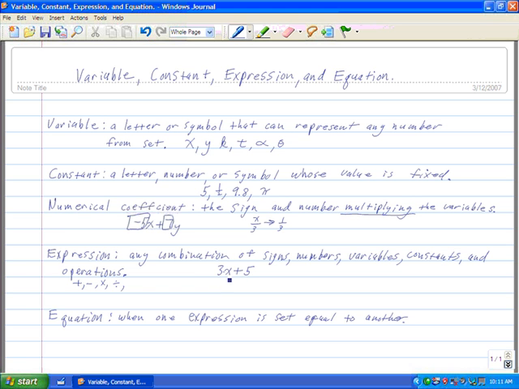We have a constant here, we have a constant there. This constant is acting as a numerical coefficient. We have a variable. So this is considered to be an expression.